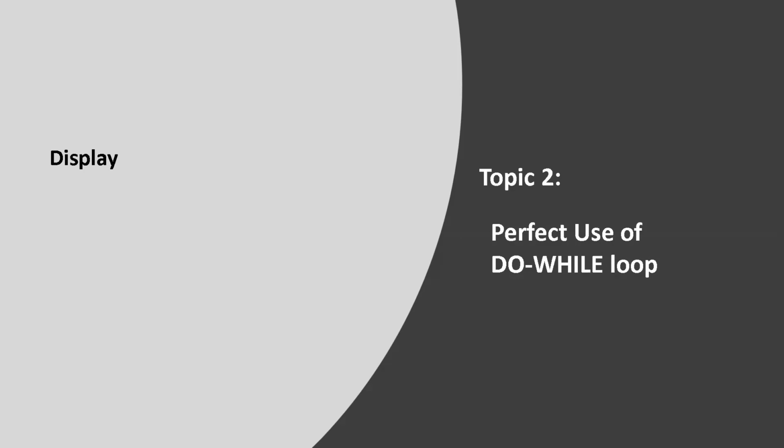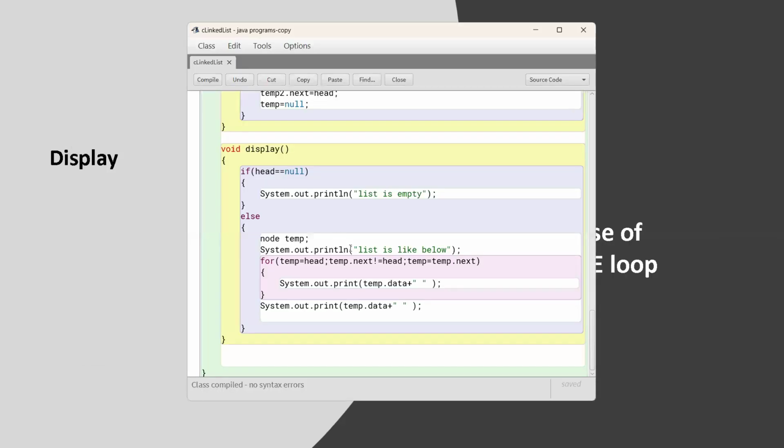I face a lot of questions in my Java classes, like why Java introduced this do while loop, why Java introduced the while loop, and several questions like that. So basically, the main reason for introducing the do while loop is just to handle situations like this. The situation here is that it is circular. So in this case, the do while loop is a good one to work with.